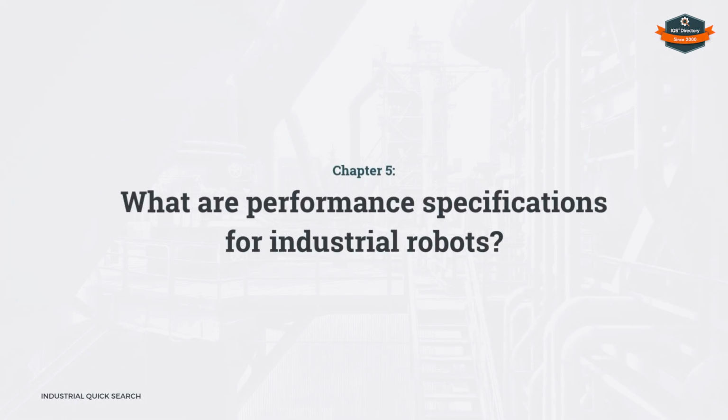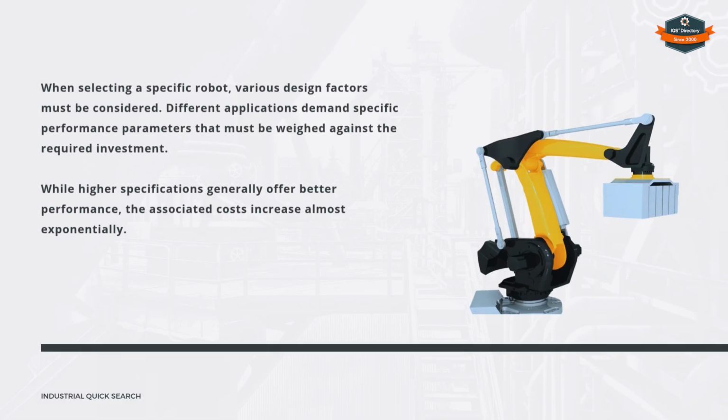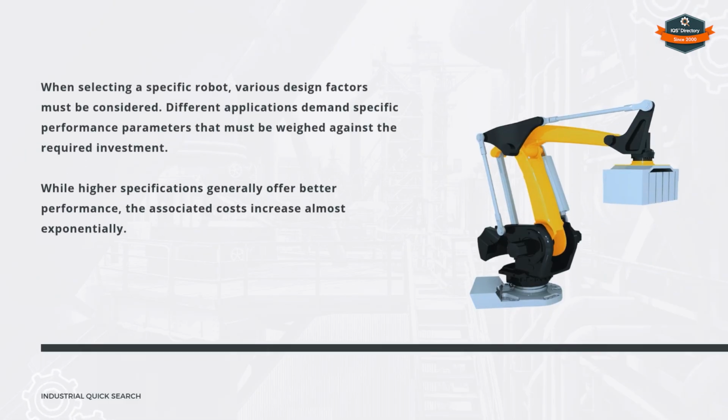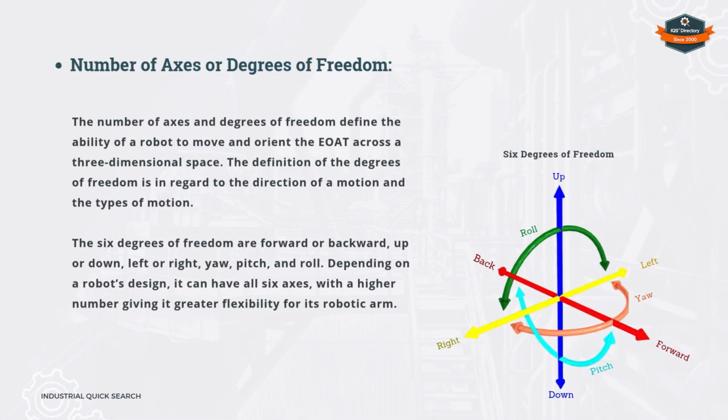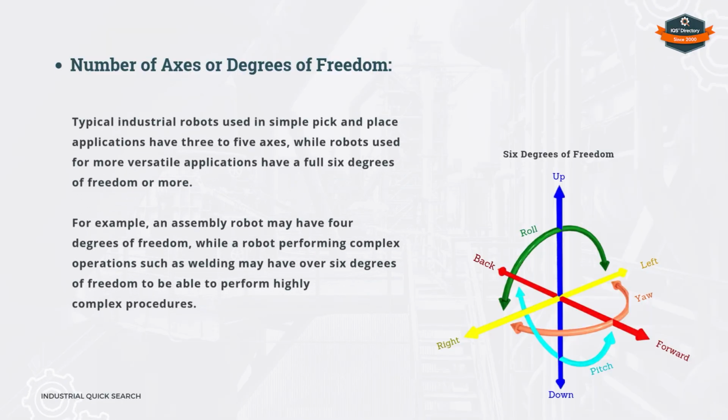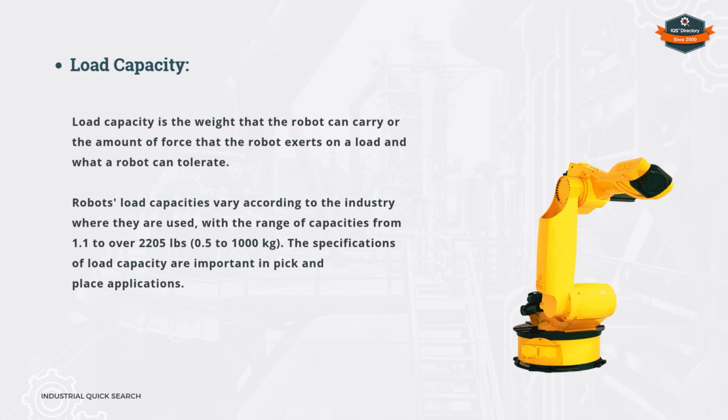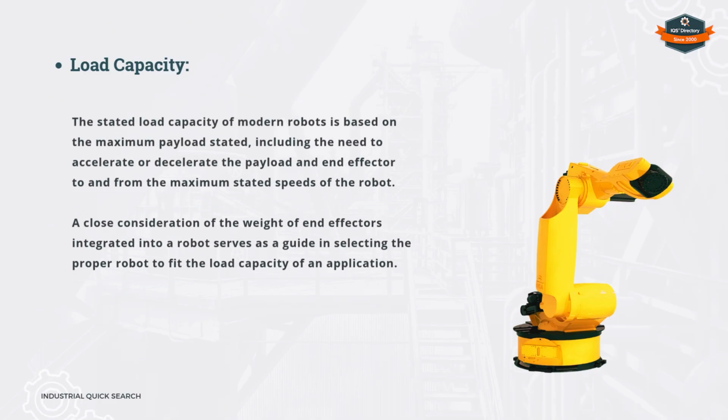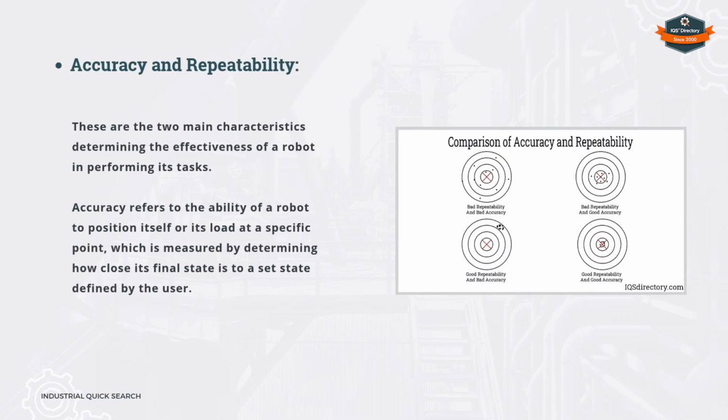Chapter 5. What are performance specifications for industrial robots? Number of axes or degrees of freedom. Load capacity. Accuracy and repeatability.